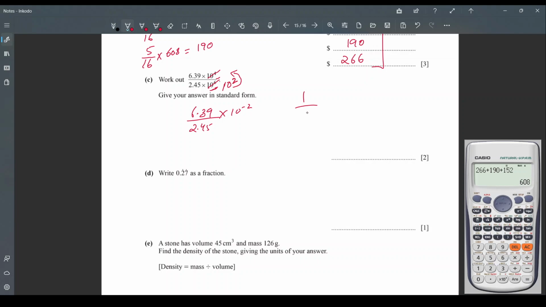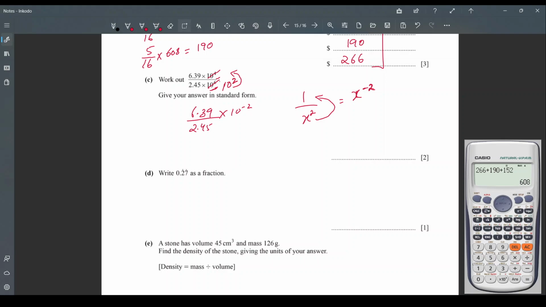Because if I have any number like 1 upon x raised to the power 2, if this variable goes up, the power will change, the plus sign will be changed to a negative sign. So you have to keep that in mind. In the same way, this 10 to the power plus 2, when it goes to the numerator side, changes the sign from plus 2 to negative 2.